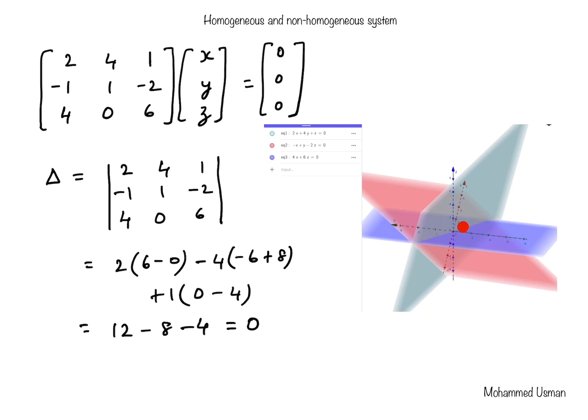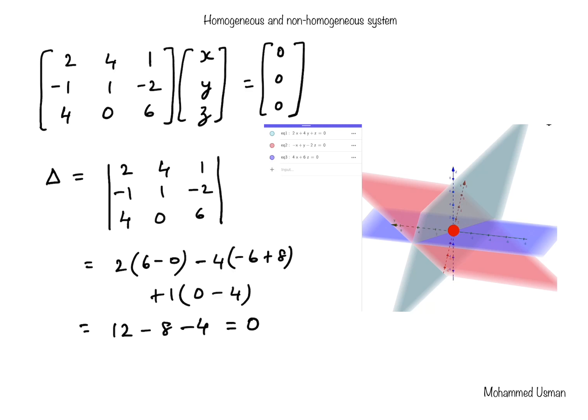So all points that lie on this line are solutions to these equations, or the points of intersection of these planes. Any point on this line, which represents the intersection of all three planes, lies on all three planes. So all points that fall on this line of intersection are valid solutions to this system of equations.